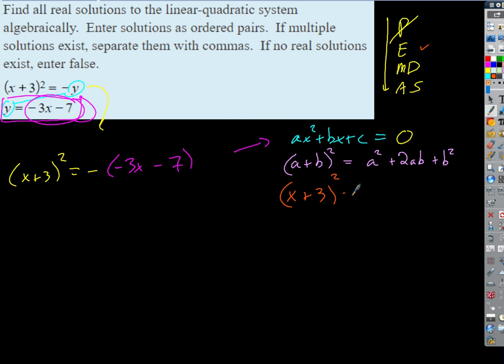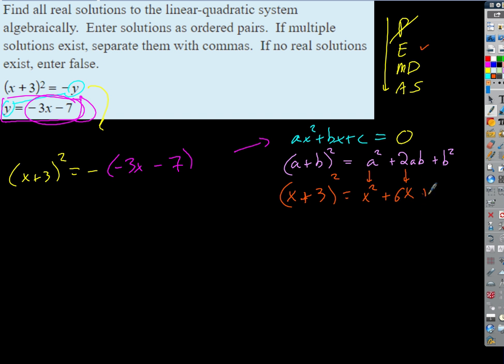But think about this. If I just follow this pattern, it's a simple pattern. If I'm squaring out something like a plus b squared, the pattern is just the first term squared plus 2 times the product of the two terms plus the second term squared, right? So what does that look like for this case? X plus 3 squared then would become what? X squared plus 2 times x times 3, which is positive 6x.